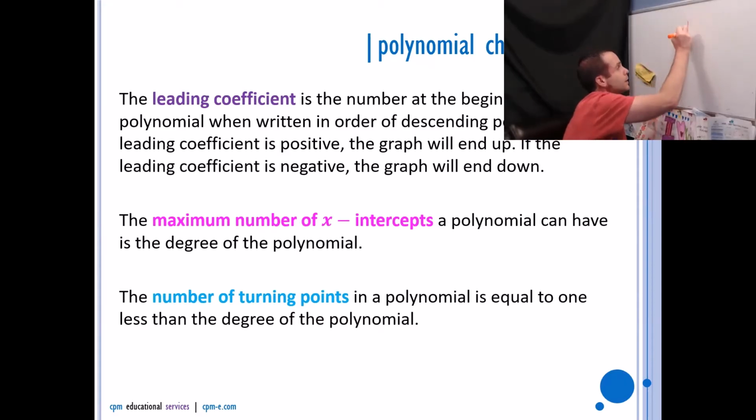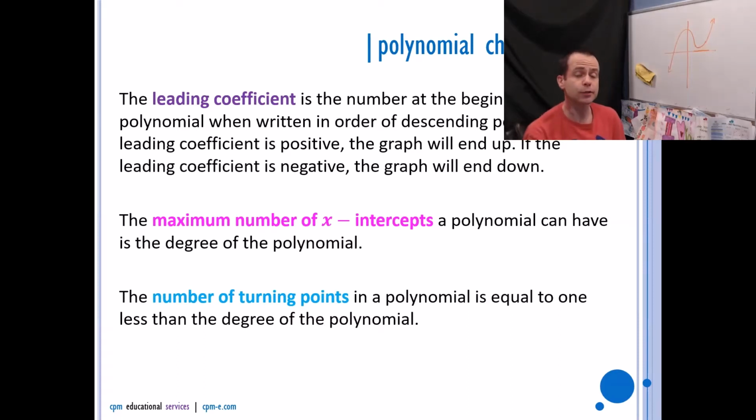I could have just 2 x-intercepts, like that, okay? Or I could have 1 x-intercept if I had it like that and it didn't actually hit the x-axis, okay? But what it's saying is there's no possible way to get 4 x-intercepts out of a degree 3, okay?